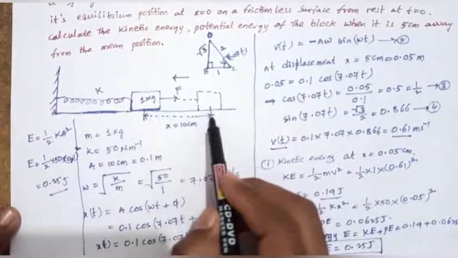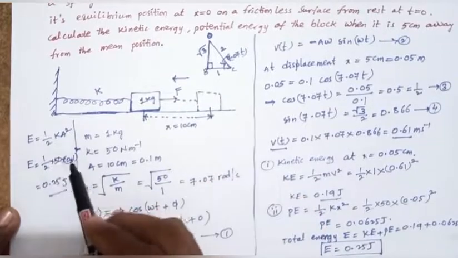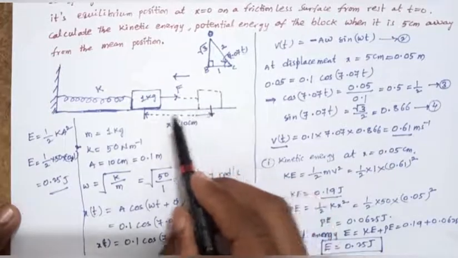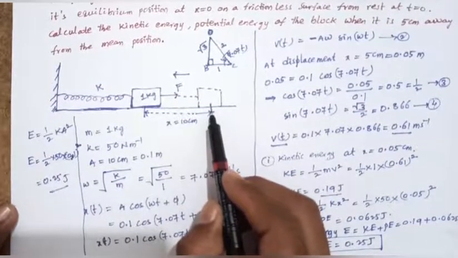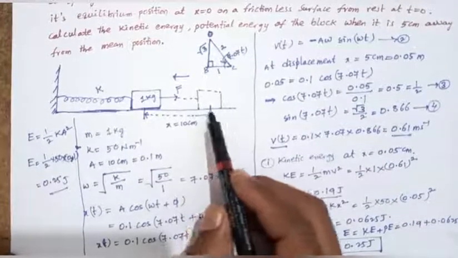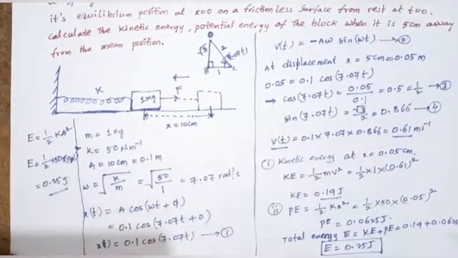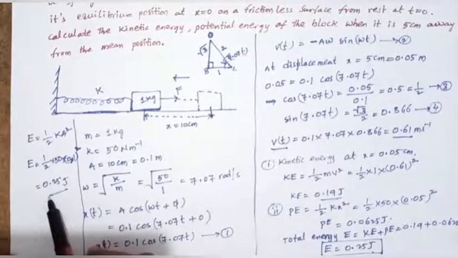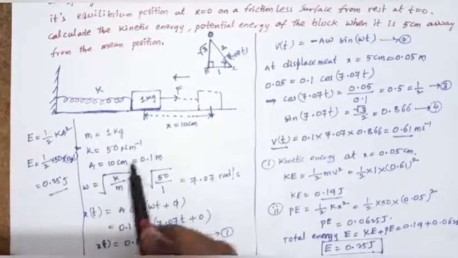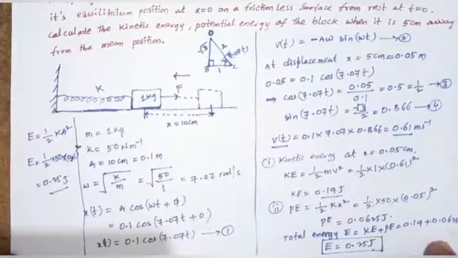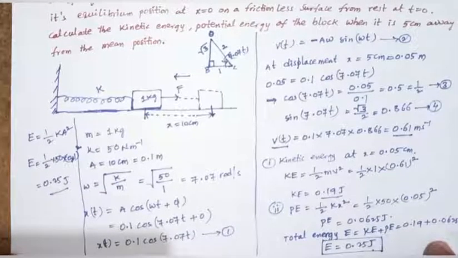At maximum displacement, half K into 0.1 whole square, it consists only of potential energy. So the total energy E equals 0.25 joules, equal to the potential energy of the body at maximum displacement. So this is example number 8.7. I hope you have understood this topic. Thank you.